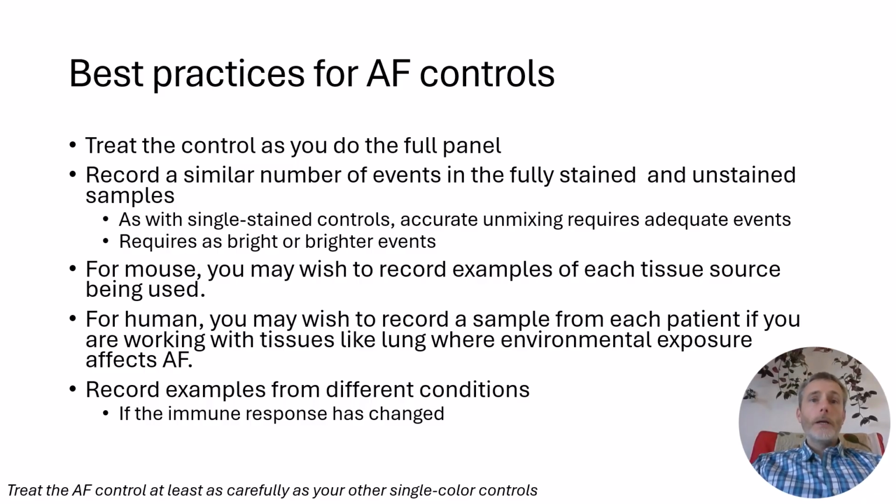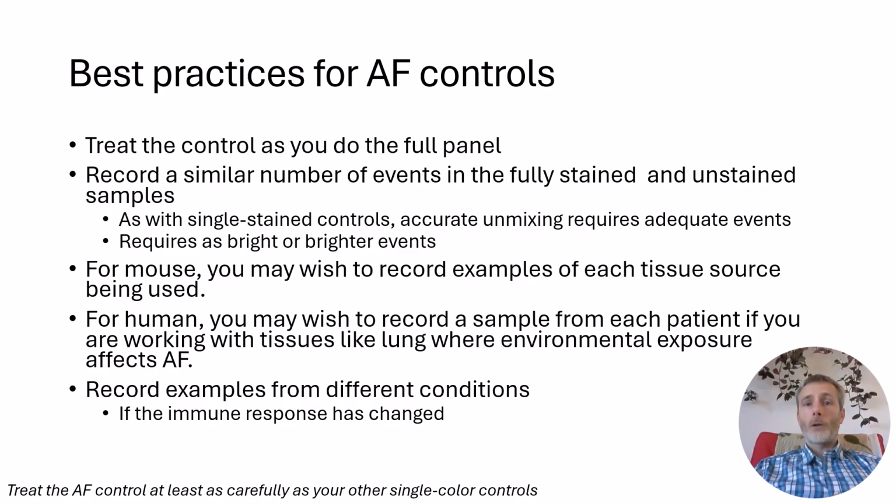To sum up, here are some suggestions for best practices with autofluorescence controls. Importantly, treat your unstained autofluorescence control the same way as the fully stained samples. Use the same protocol. Record enough events to allow you to identify any populations you wish to use for extracting spectra.